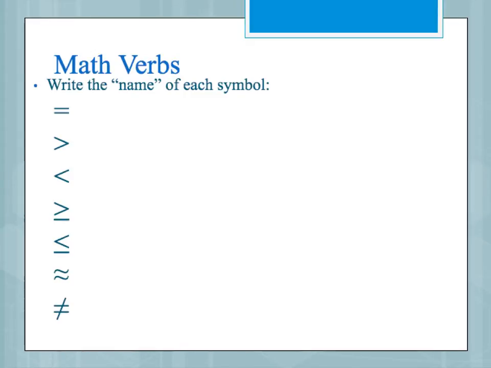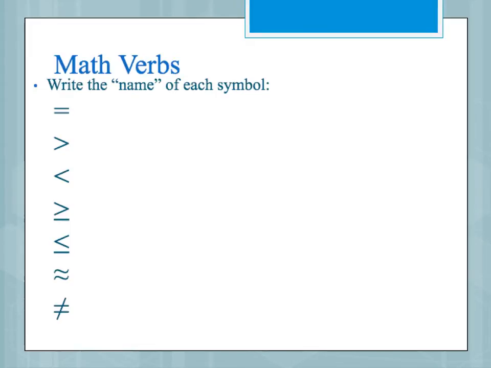Okay, the first symbol is equal to. The second symbol is greater than. The third symbol is less than. The fourth symbol is greater than or equal to.